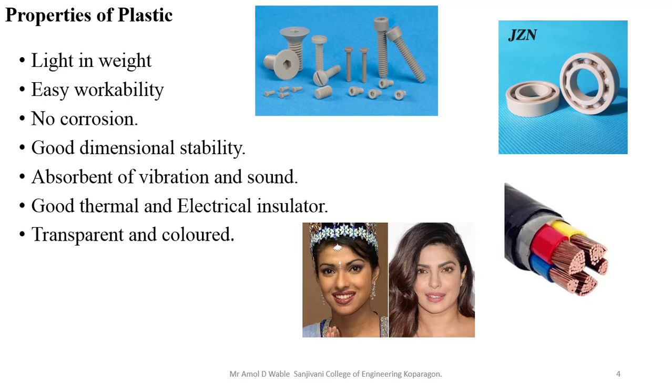It has good durability compared to metal, as its wear rate is low and corrosion resistance is more compared to metals. The life of these parts is more compared to metal parts. It has good dimensional stability compared to metals, and absorbs vibration and sound.